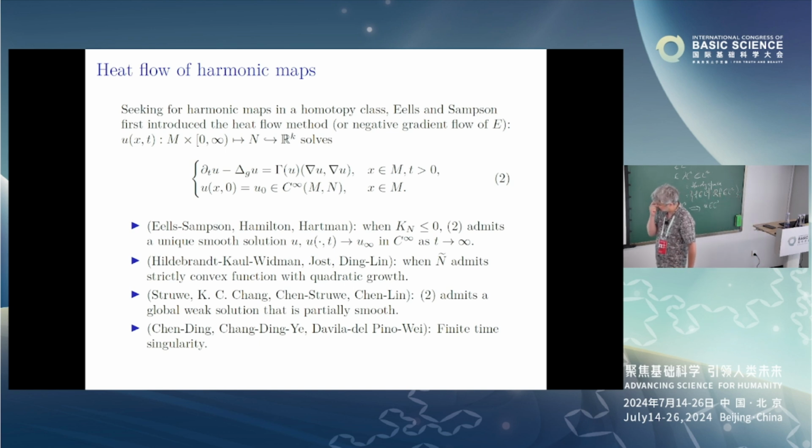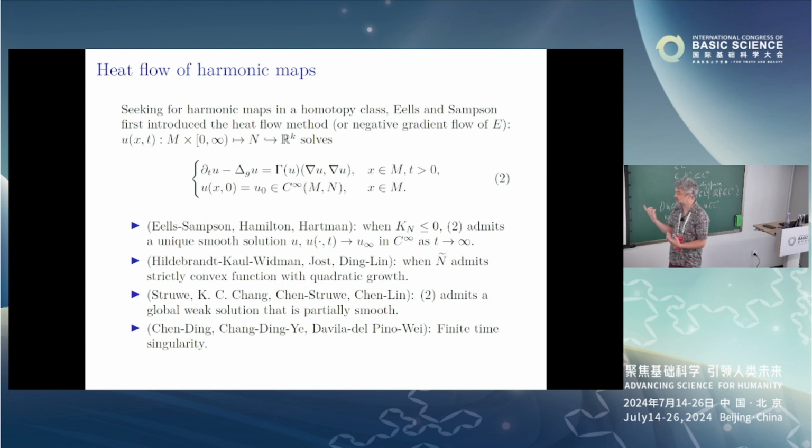Many people after that relaxed a little bit the fact that the target had to be negatively curved. But in any case, whenever you consider the sphere, for instance, for the target N, Struwe proved that the best you can hope for in general is weak solutions which are only partially smooth.